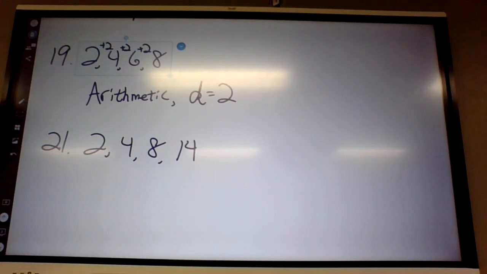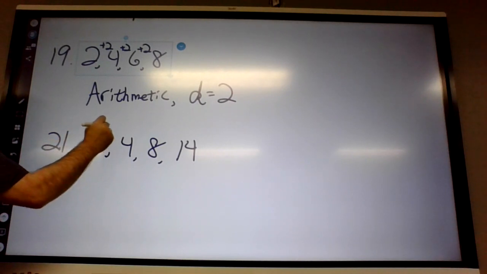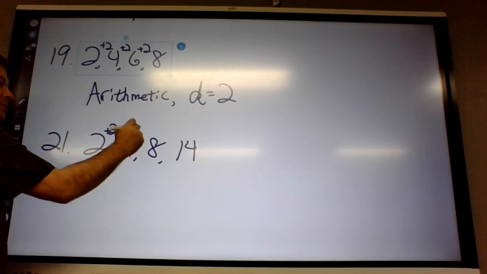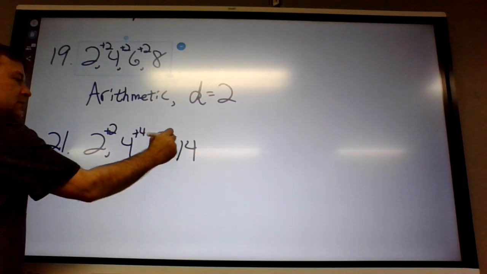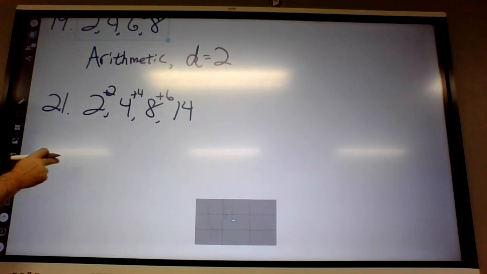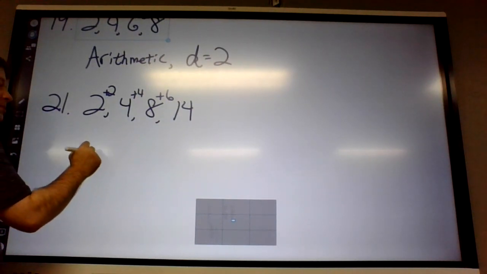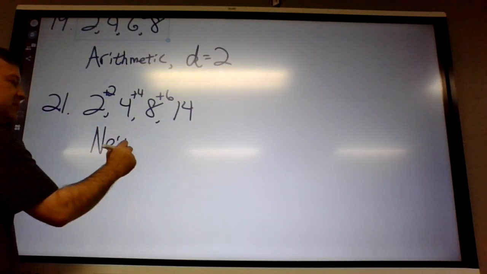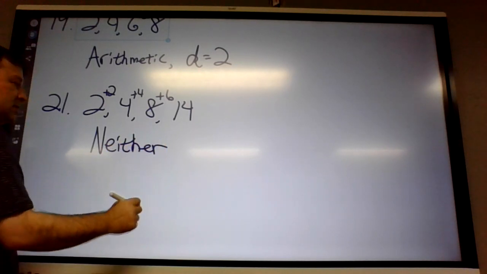There is a pattern. Does anybody see it? It's an adding pattern. But it's not arithmetic. It's like +2, +4, +6. But arithmetic has to be the same thing, so we're just gonna put neither.